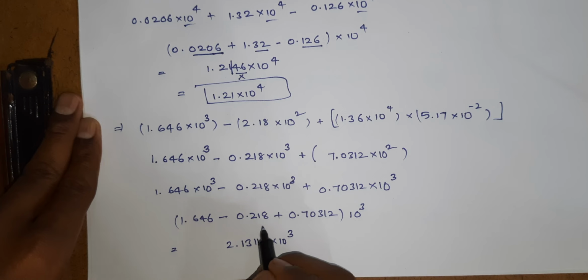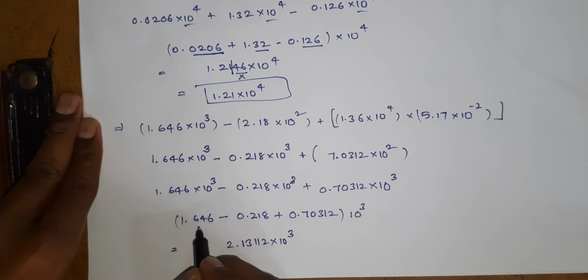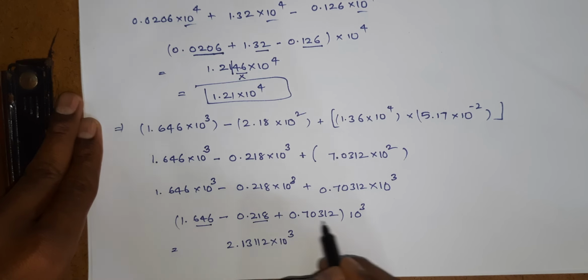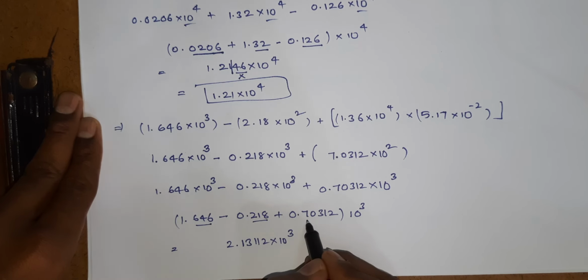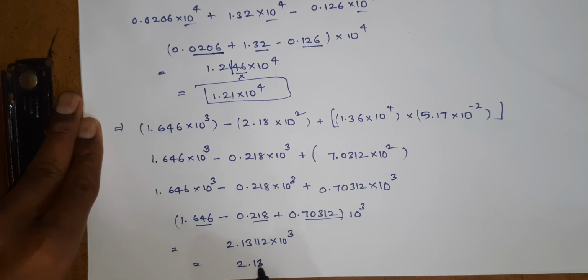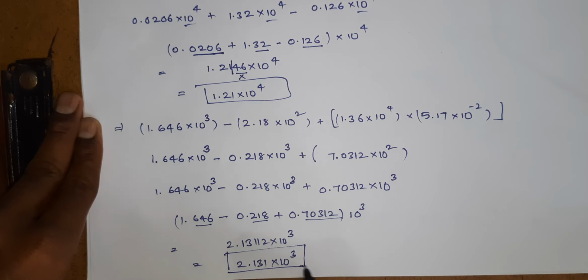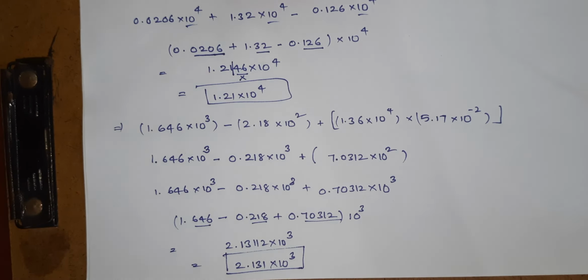This is addition and subtraction, so we have to consider only decimal places. Here 3 decimals, here 3 decimals, here 1 2 3 4 5 decimals, so we have to consider the least decimals. So the answer should be in 3 decimals, 2.131 into 10 to the power of 3. So this is your final answer. Thank you for watching.